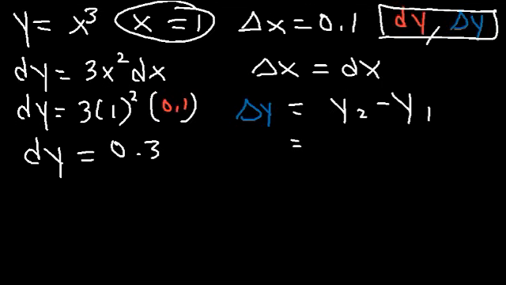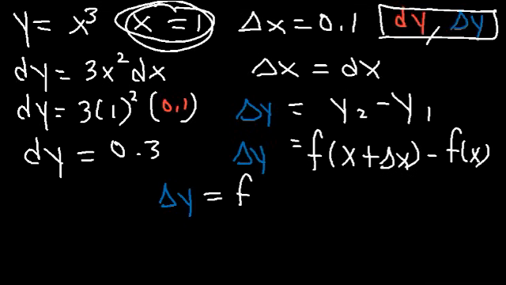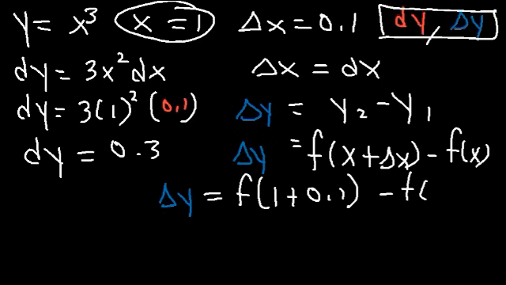It is the change in the y values of the function f of x. dy is the change in the y values for the tangent line function. y2 is f of x plus delta x, and y1 is simply f of x. x is 1, delta x is 0.1, so delta y is f of 1.1 minus f of 1.